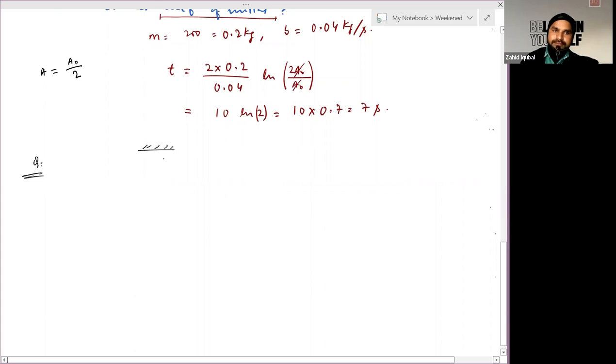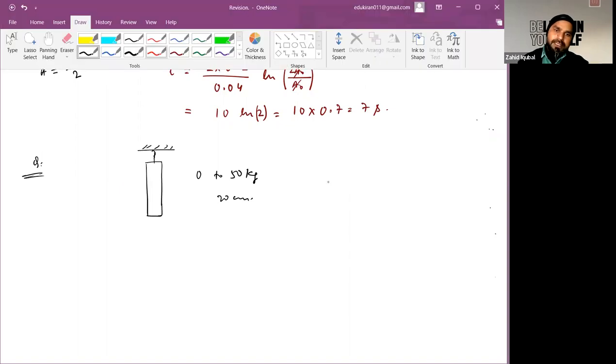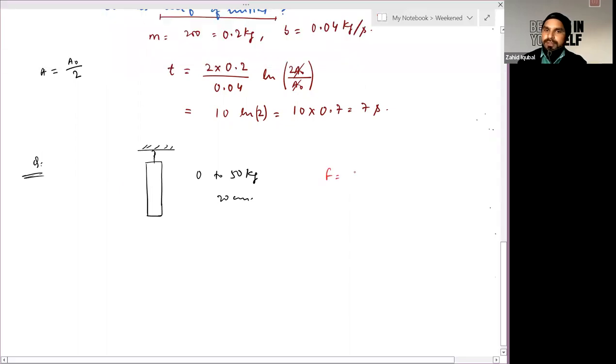Suppose a spring balance can read 0 to 50 kg and it may elongate to 20 centimeter maximum. So from this, we may find the spring constant related to this part as F equals K times X.